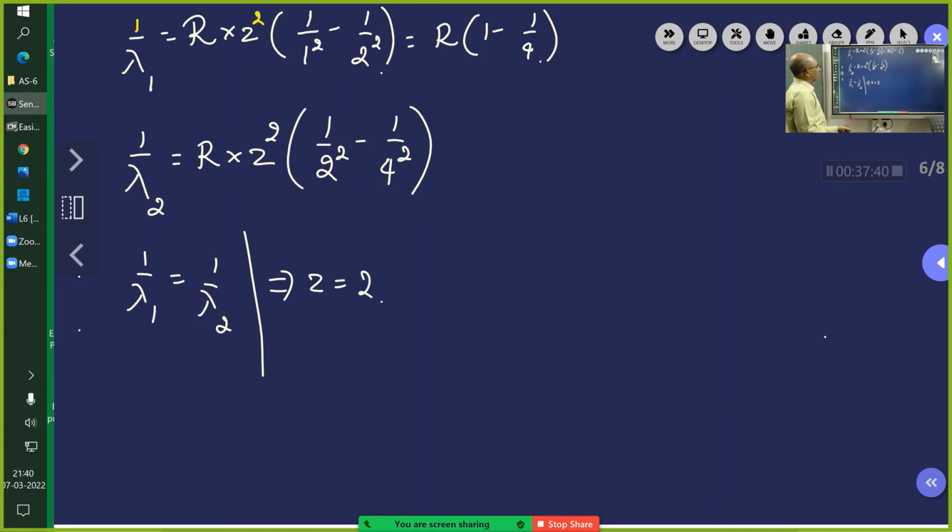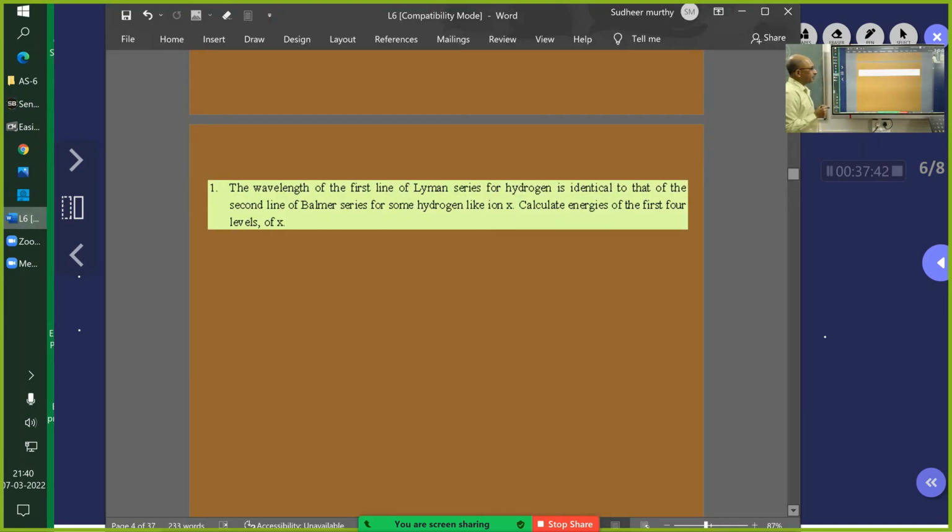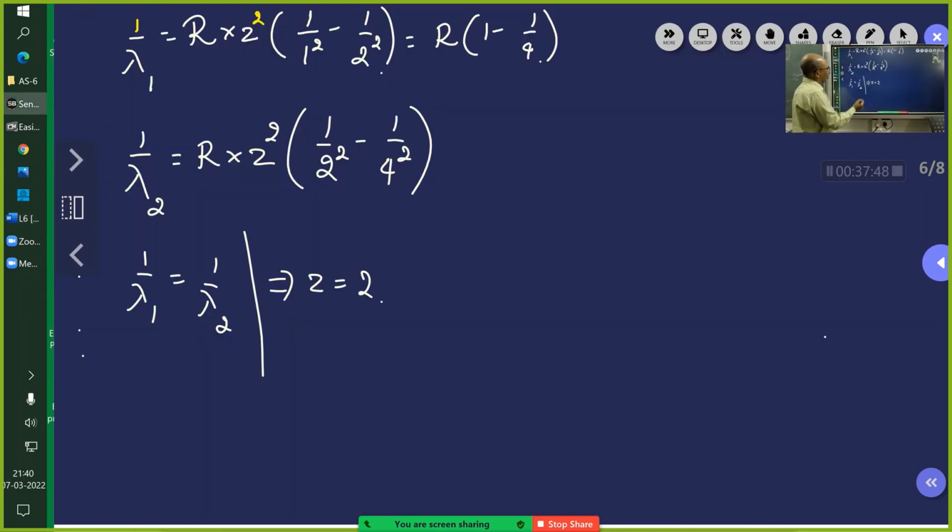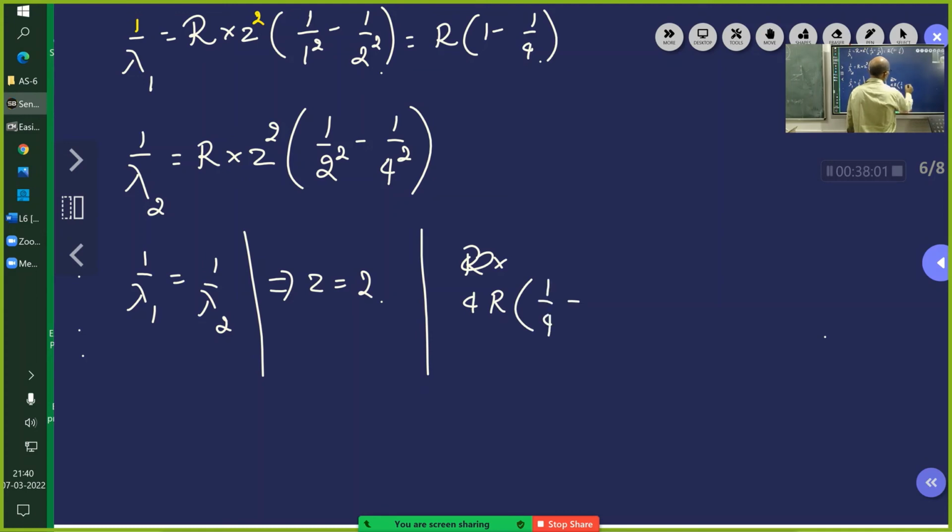Once you know the value of Z is equal to 2, then the energy of the first 4 levels of X. So here first 4 levels of X means one is R into Z square, Z is 2, so 4R into 1 upon 4 minus 1 upon 9.